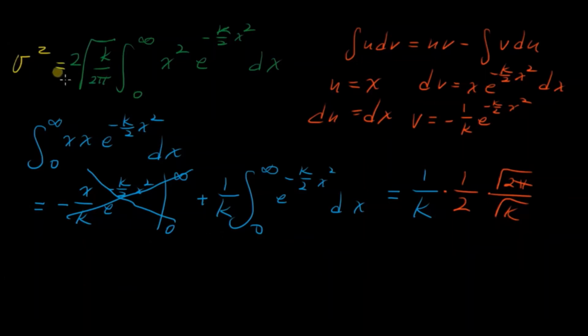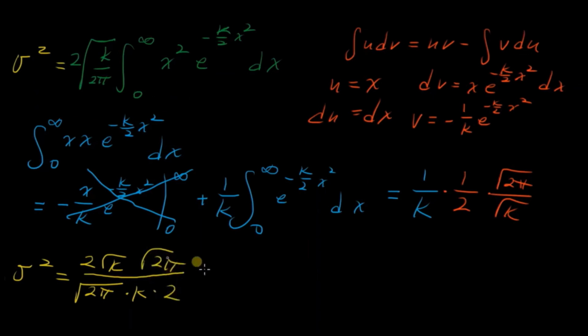Okay, so going back to here, what we're going to have is that the integral is equal to, so let's get this involved again now. I think I'll just make one big fraction here. So that's this, and then we come over here and we have 1 over k, 1 over 2, and we have 2 pi and root 2 pi and root k.